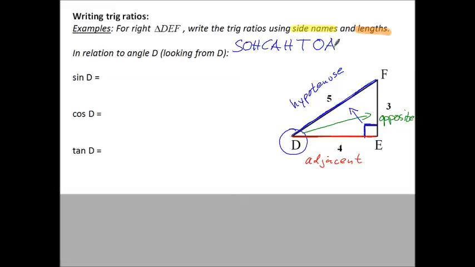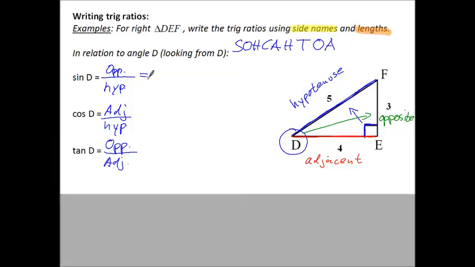SOH CAH TOA stands for the sine of an angle is the opposite side over the hypotenuse. The cosine of an angle is the adjacent side over the hypotenuse. And the tangent of an angle is the opposite side over the adjacent side.